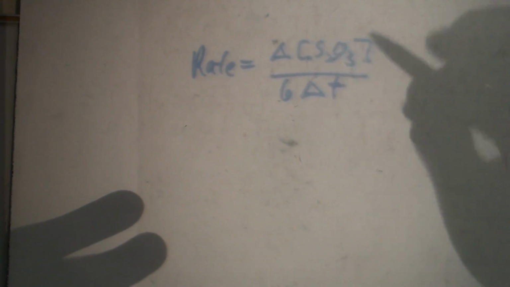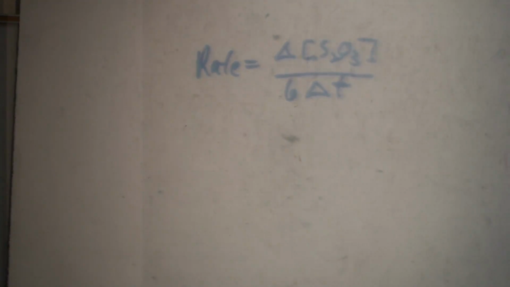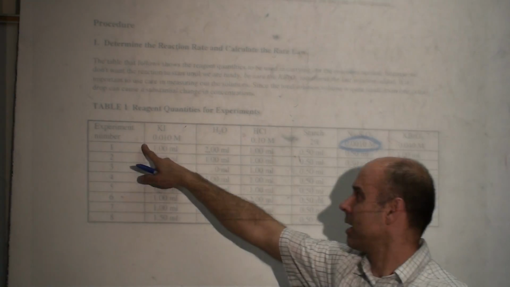The change in concentration of thiocyanate we determined from how much thiocyanate we added. Here's the molarity. However, we diluted it by adding 5.5 milliliters of other stuff. So the total volume is 6 milliliters.